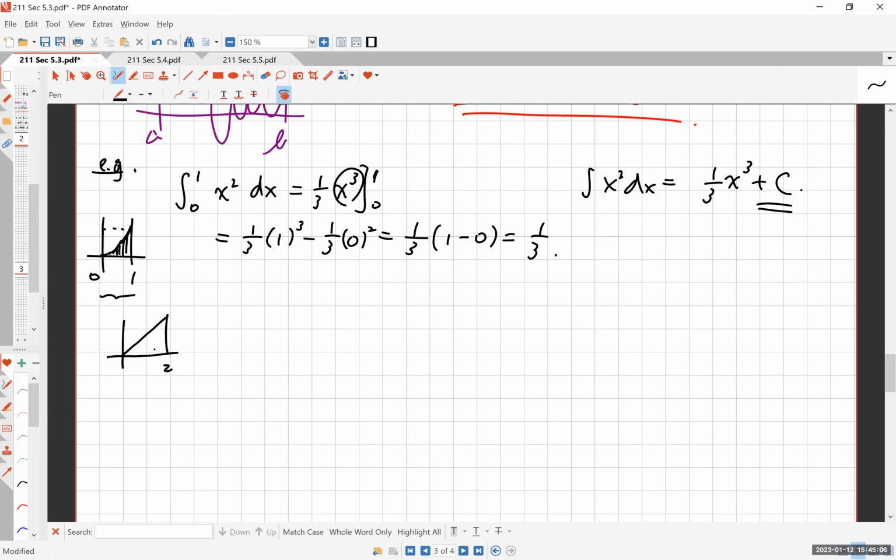We also did this. So this is y equals x. The integral from 0 to 2 happens to be 2, right? Let's make sure we get the right answer. So what's the antiderivative or indefinite integral of x? It's 1/2 x squared, right? Whose derivative is simply x. Plus c, of course.